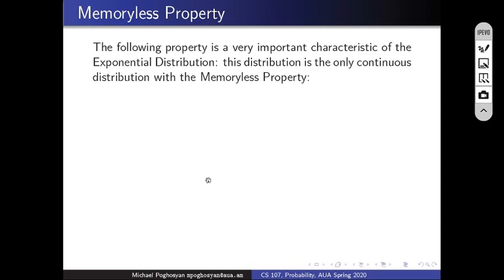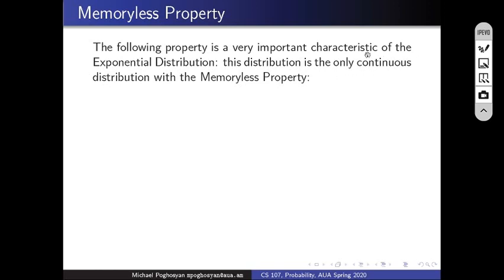Now, another very important property of the exponential distribution is the memoryless, forgetfulness, amnesia property. We have talked about that property concerning the geometric distribution. And the exponential distribution is the only continuous distribution with the memoryless property.